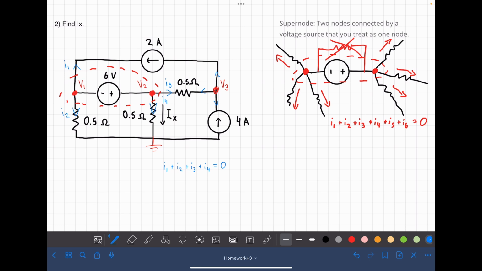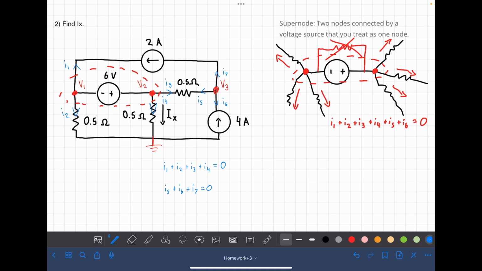So we have I5, I6, I7. I5 plus I6 plus I7 equals 0.